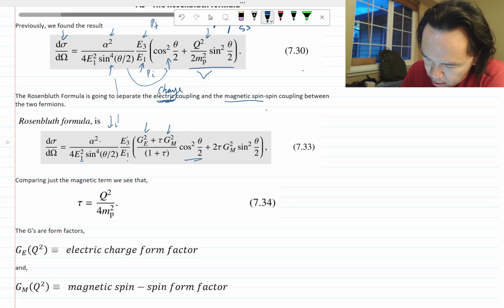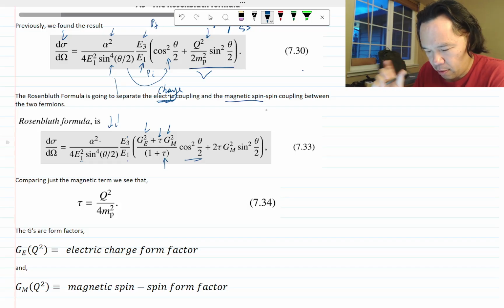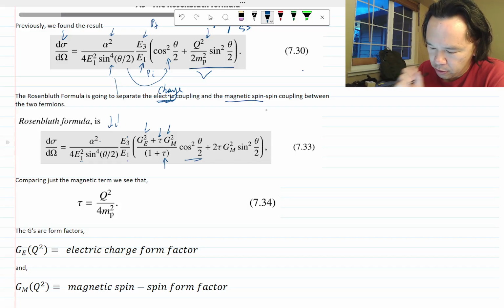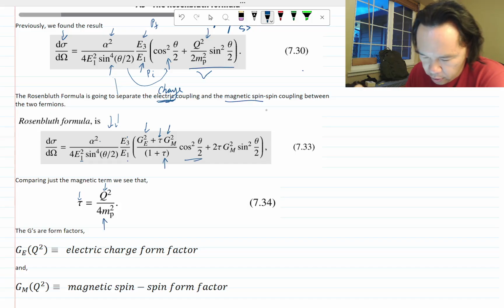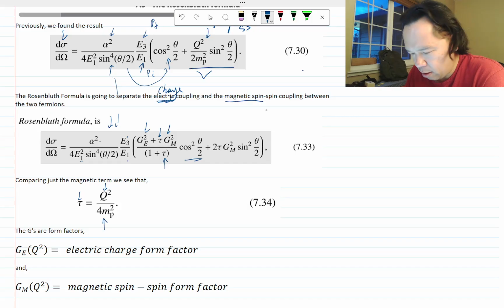There's going to be a little factor here called tau, and this is going to allow us to gauge how big the momentum exchange is between the electron and the proton. In fact, tau is going to be q squared divided by 4m squared of the proton.